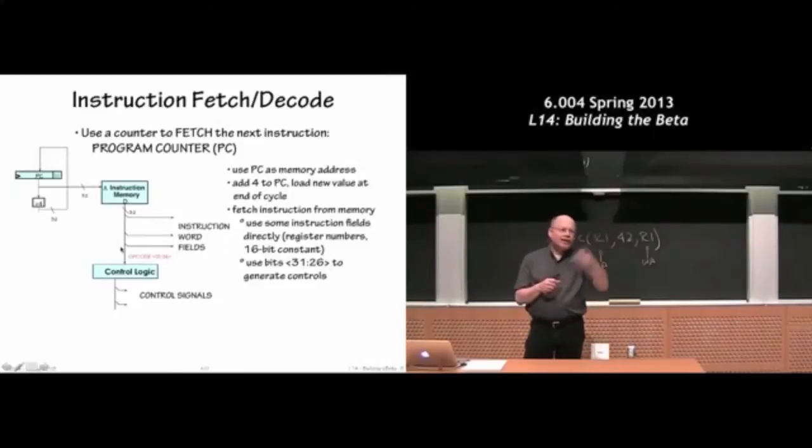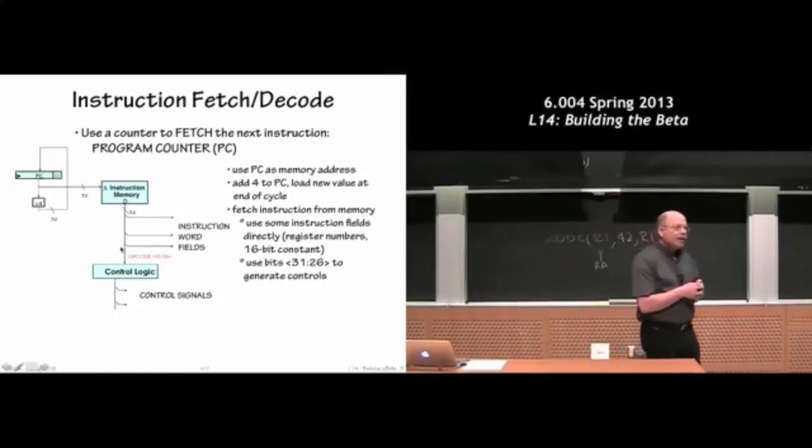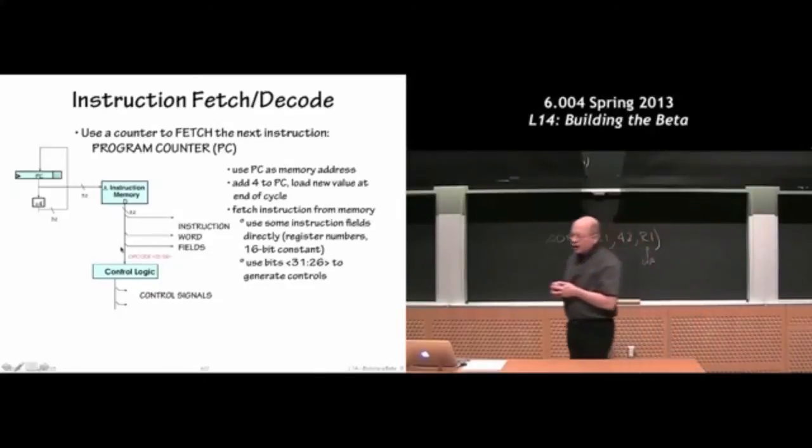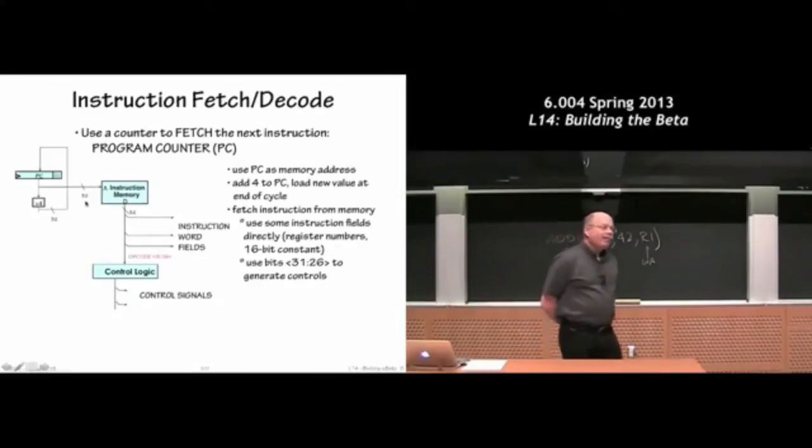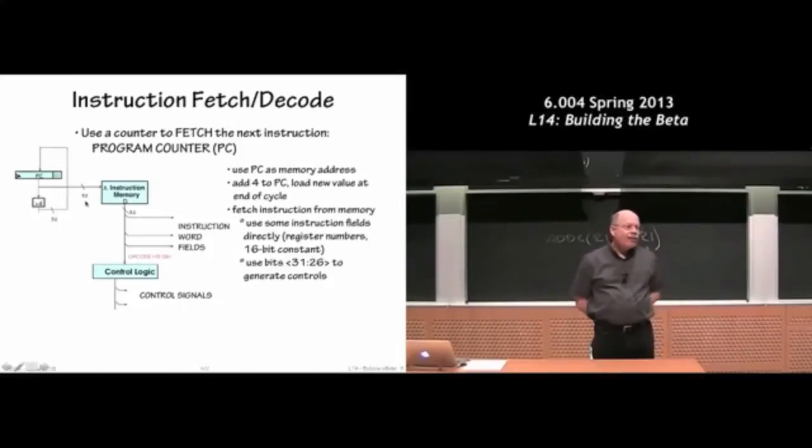Any other questions? Yes? What's the total size of the memory that we're incrementing by 4 to get through? Well, we see here that we're sending over 32 bits of address. So how many different combinations of address bits are there? 2 to the 32, which is 4 billion.